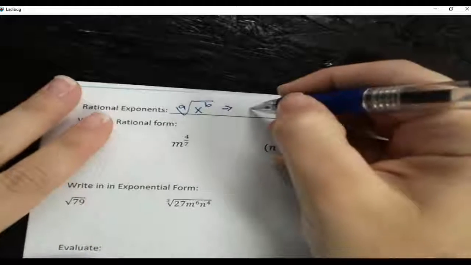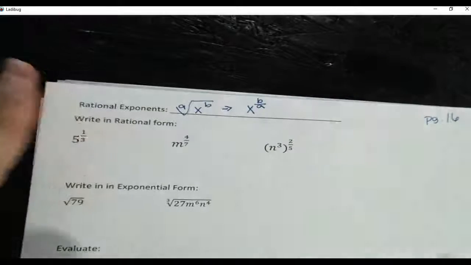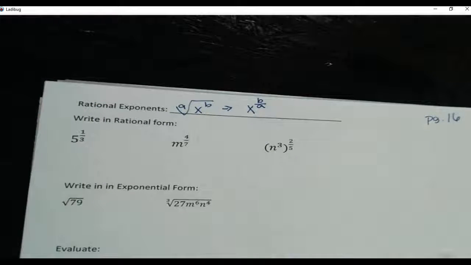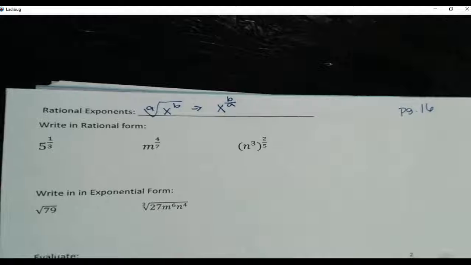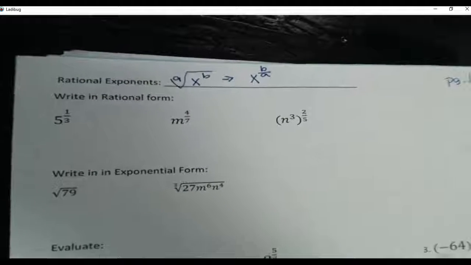So then it becomes x to the b divided by a.